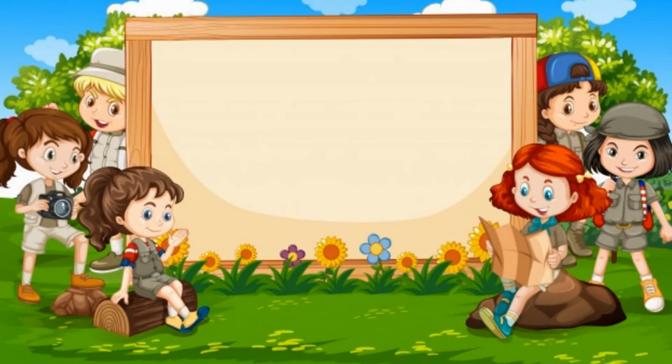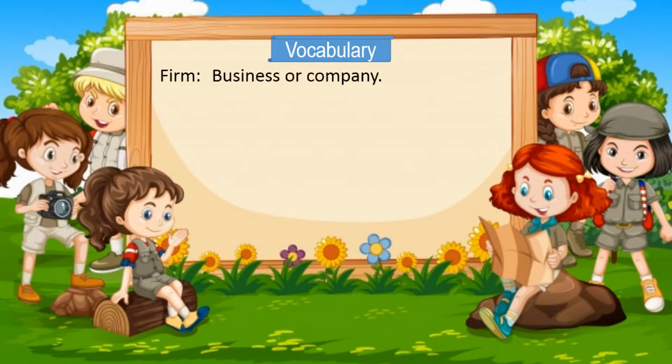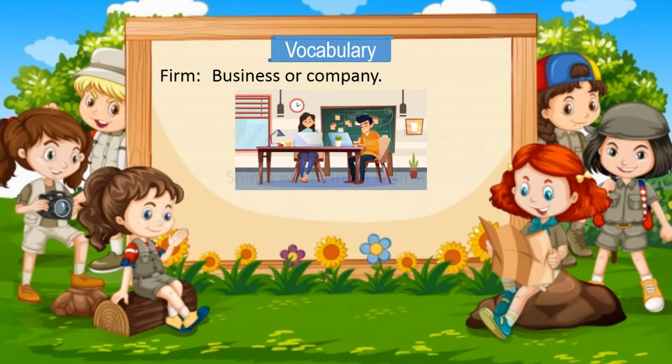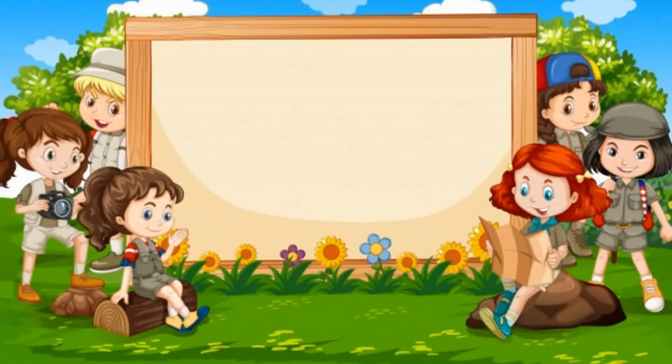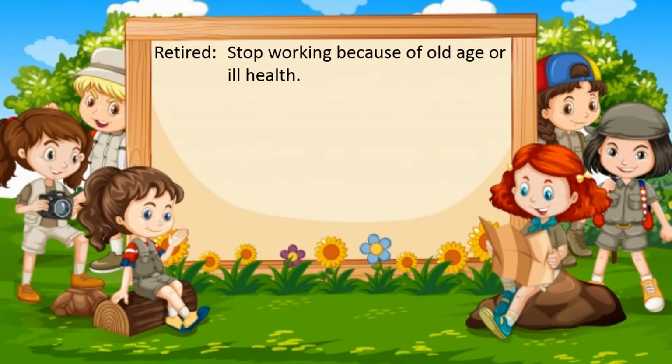Now it's time to learn some vocabulary. So first is firm. That means business or company. Shima works in an IT firm. Retired. Stop working because of old age or ill health.